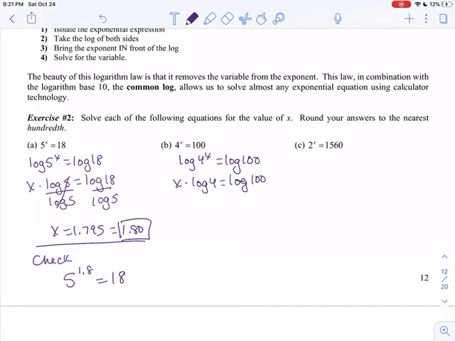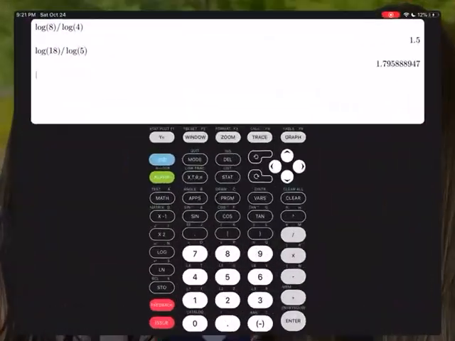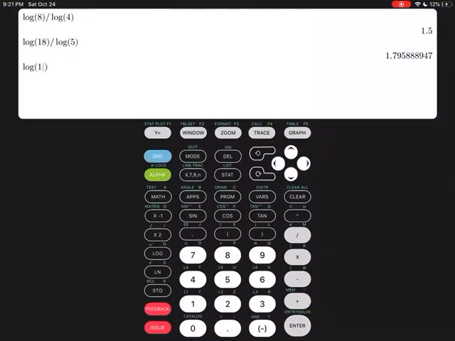All right, so for B, take the log of both sides. Bring that exponent in front. And to get x by itself, I'm going to do log of 100 divided by log of 4. Do that in your calculator.